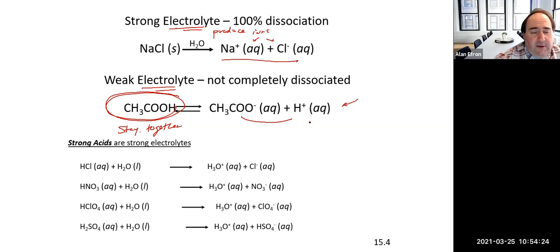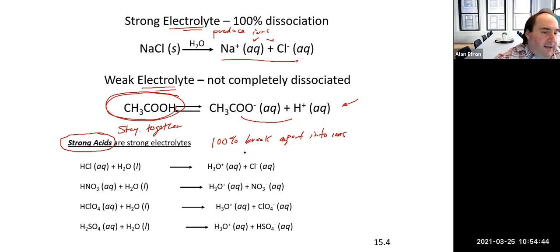So what about strong electrolytes? Well, strong acids are strong electrolytes. And what does that mean? It means they 100% break apart into ions. You have absolutely none of the strong acids still together in that solution when it's floating around.